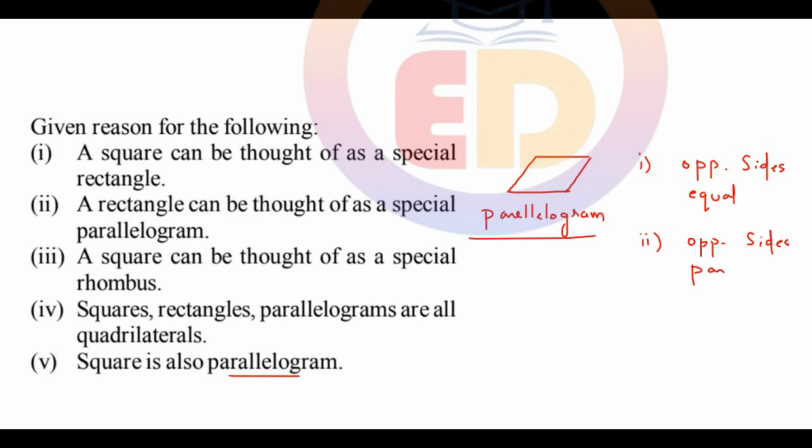So any quadrilateral which follows these 2 properties will be a parallelogram. Now let us talk about square. We know that in a square all sides are equal. If all sides are equal, then opposite sides are also equal. Opposite sides are parallel. Yes, in a square opposite sides are parallel. So we can say that a square is also a parallelogram. As we have discussed earlier, square, rectangle, rhombus, they all are parallelograms.